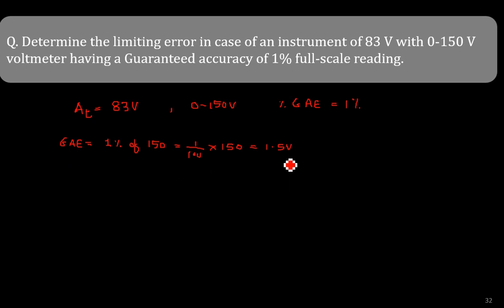So this is the guaranteed accuracy error that you are expecting. Now you are measuring 83 volts, or you are expected to get 83 volts. So when you measure 83 volts, you are having an error of 1.5 volts.